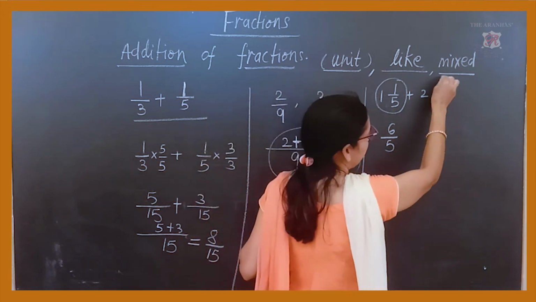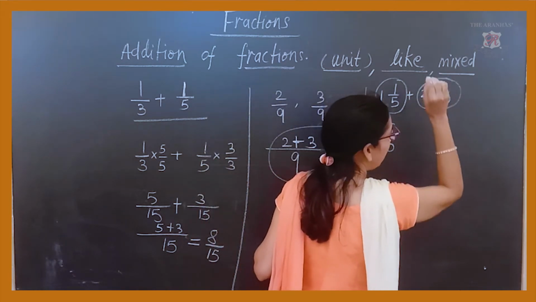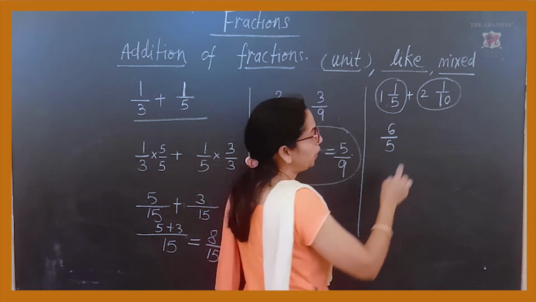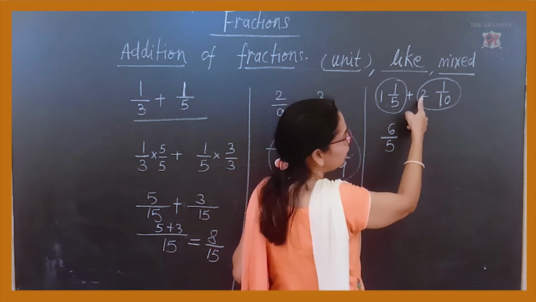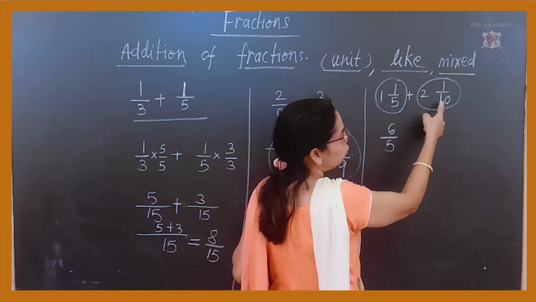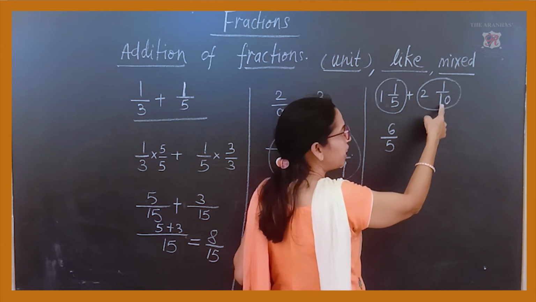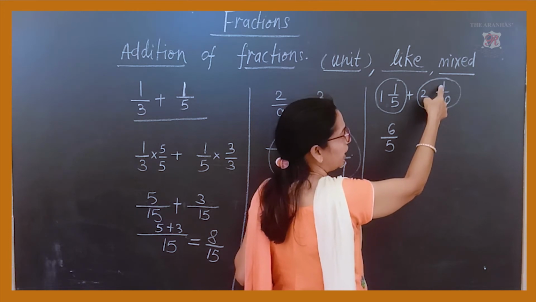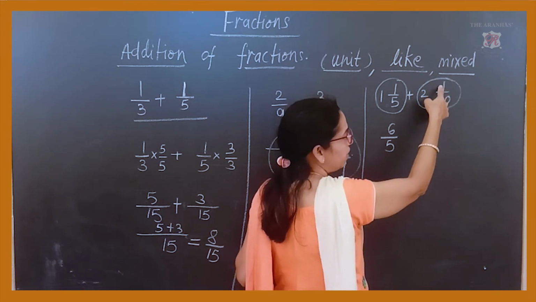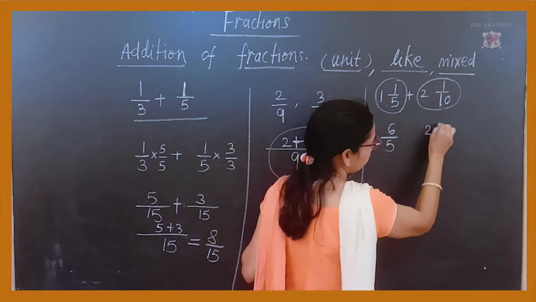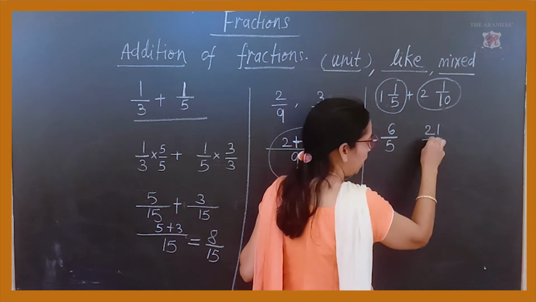For the next mixed fraction, again multiply the whole number with the denominator. So 2 into 10 will be 20, 20 plus this 1 is 21. So 21 upon this denominator 10 as it is.